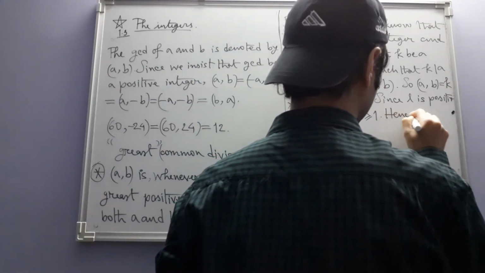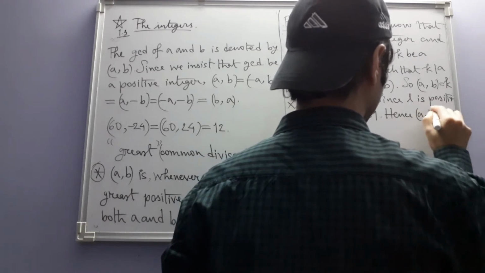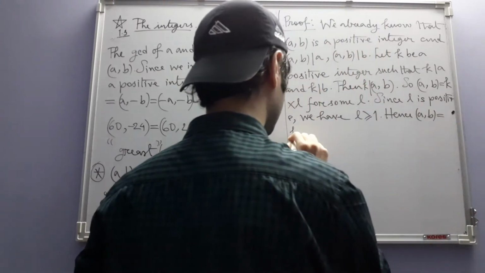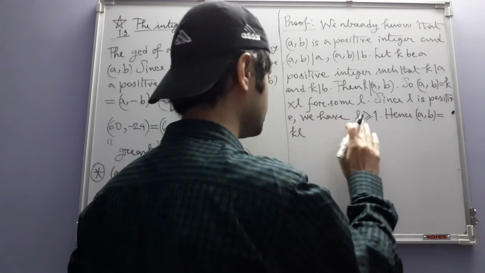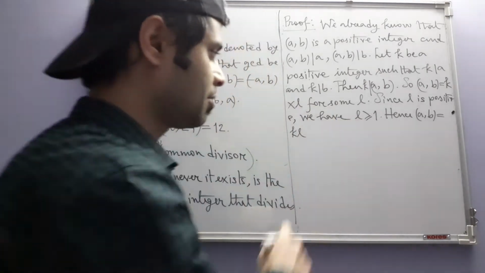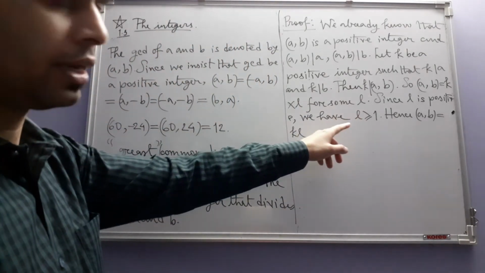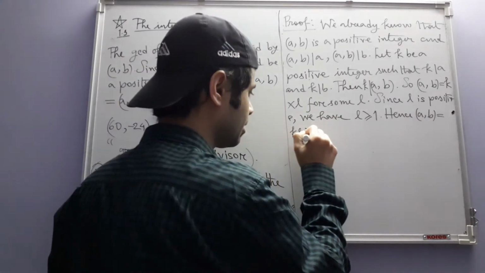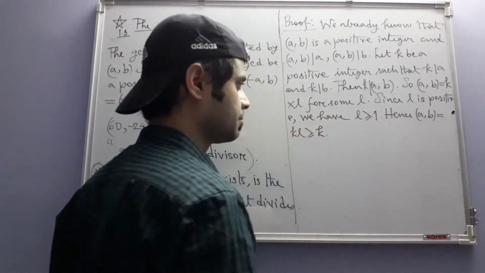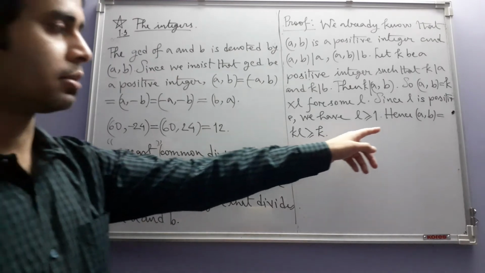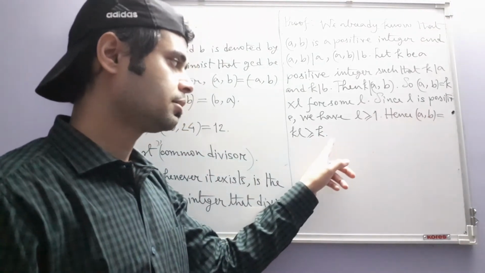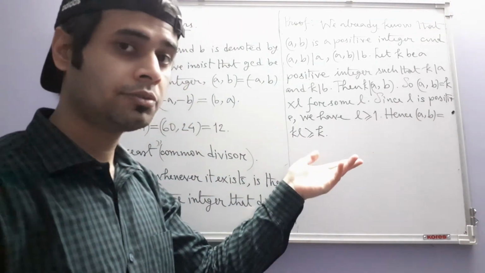Hence, the GCD of A, B is equal to KL. Using this inequality, multiply both sides of this inequality by K. You have this. So that's how we obtain the fact that the GCD of A, B is the greatest among all the positive common divisors of A and B.